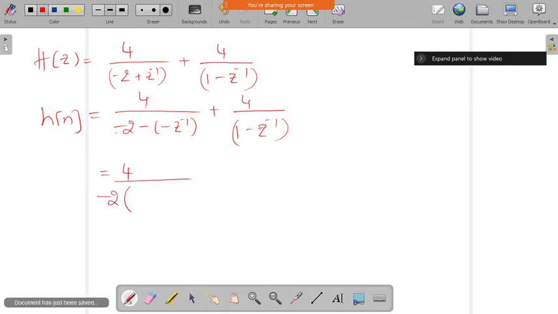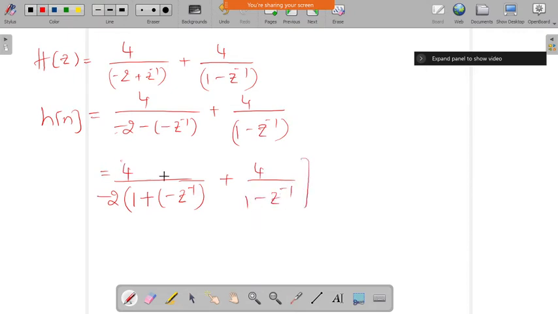If I take minus 2 common, we get 1 plus minus of z inverse, plus 4 divided by 1 minus z inverse. So we get minus 2 by 1 minus z inverse plus 4 divided by 1 minus z inverse.